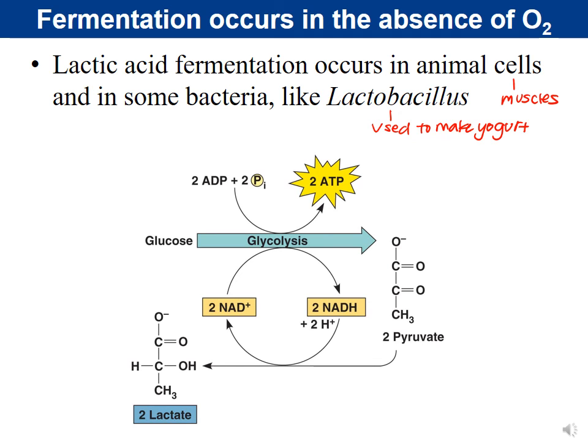Again, goal of fermentation, regenerate the NAD+. And so in this process, pyruvate acts as the final electron acceptor. Again, it's organic. And so pyruvate itself is going to be our final electron acceptor.